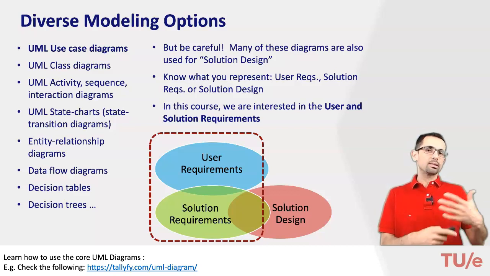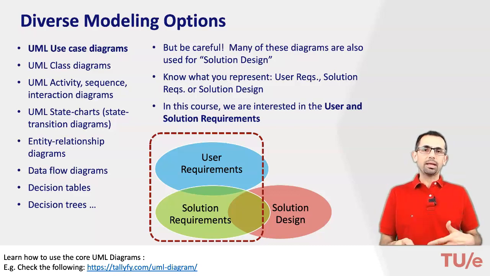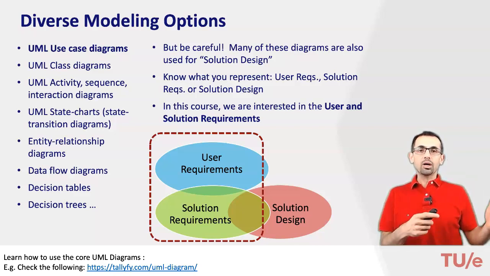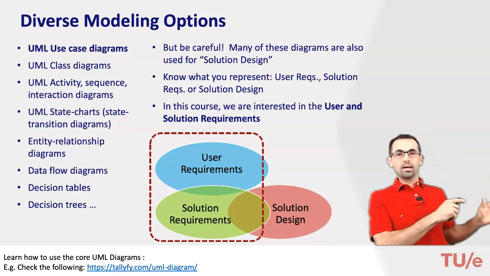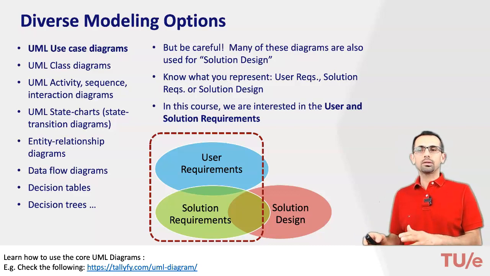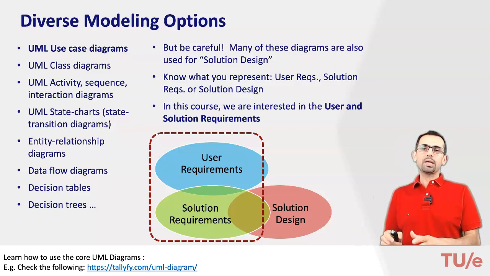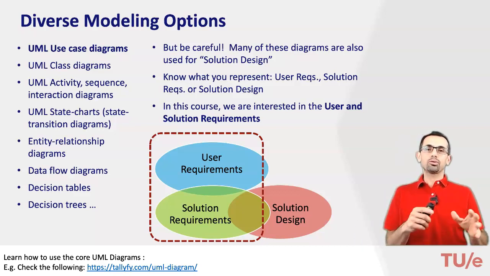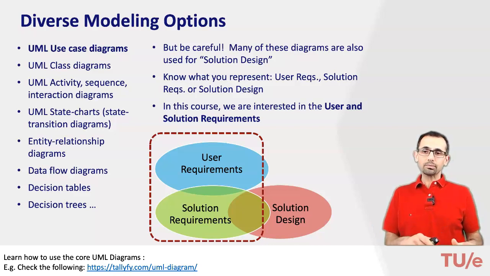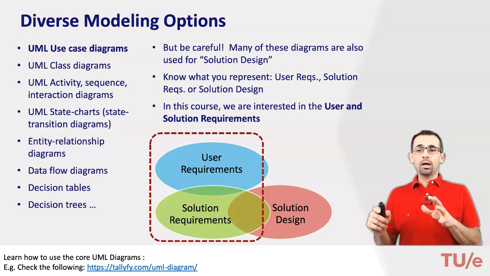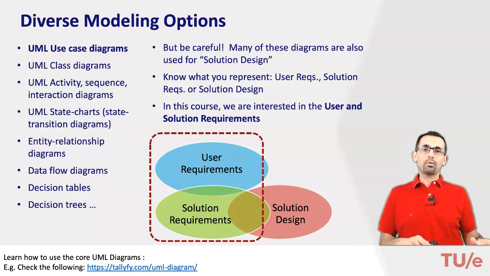Methods, access to methods and so on belong to the design stage but not to the requirement stage. So know what you represent: user requirements, solution requirements, or solution design. In this course, we are interested in the user and solution requirements, but not in the solution design. No need to go there. We are business analysts.